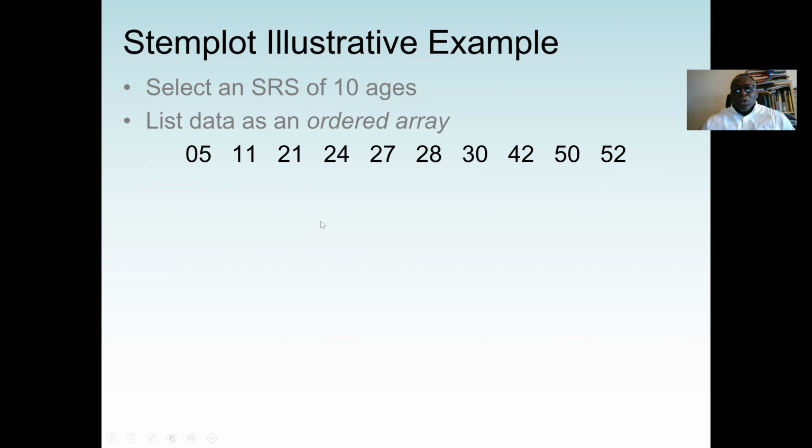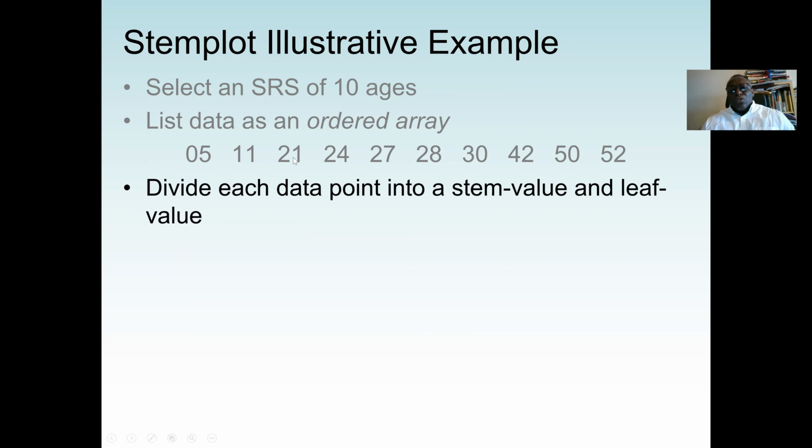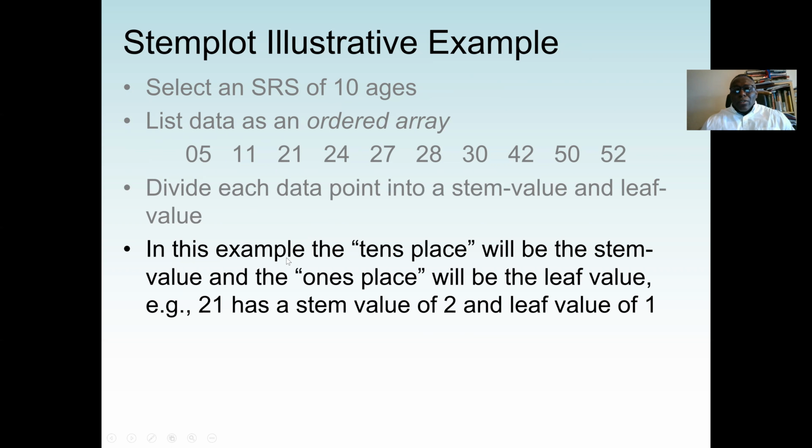A stem and leaf plot means two things. We have to have our stem value and also our leaf value. Always the stem value will be the leading digits, and the leaf value will be the last digit. Here, since we have only 2 digits, our leading digit will be our stem. So in this example, the tens place will be the stem value.